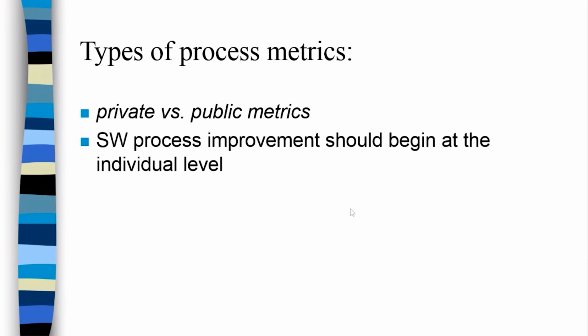Some process metrics are private to the software project team, but they are public to all team members. Like defects reported for major software functions developed by a number of practitioners, errors found during formal technical reviews, and lines of code or function points per module.